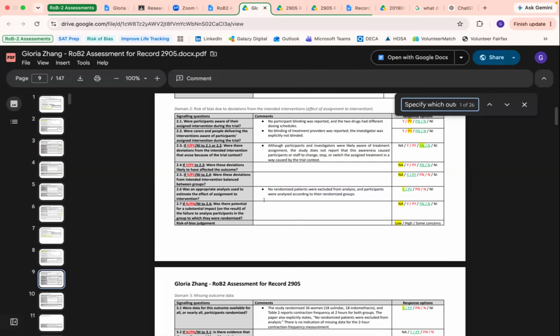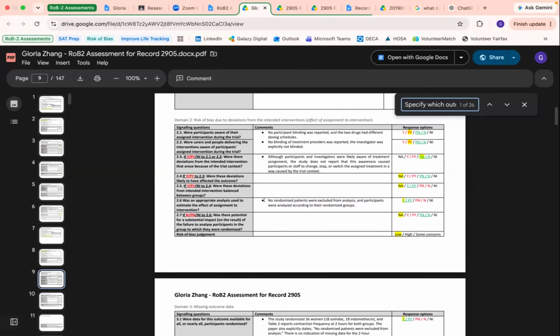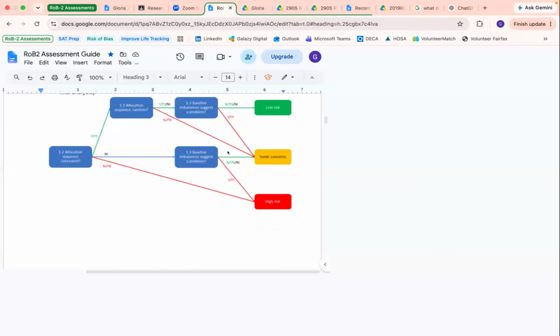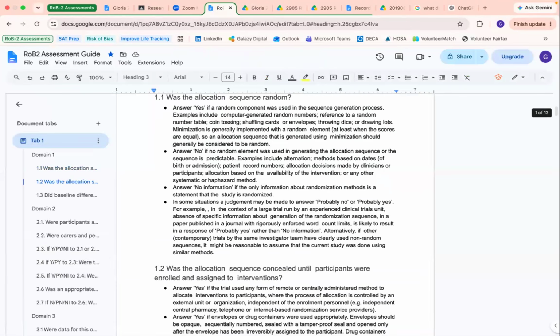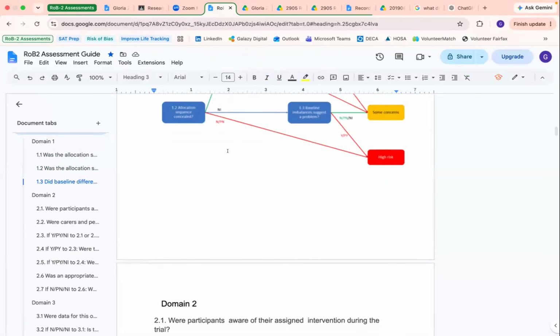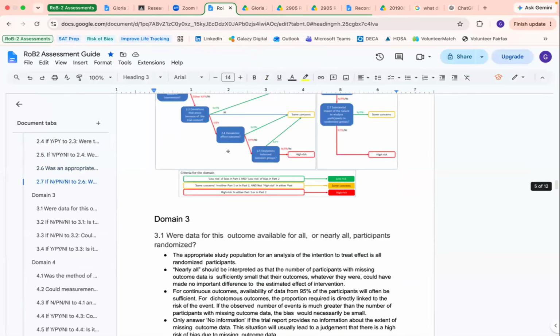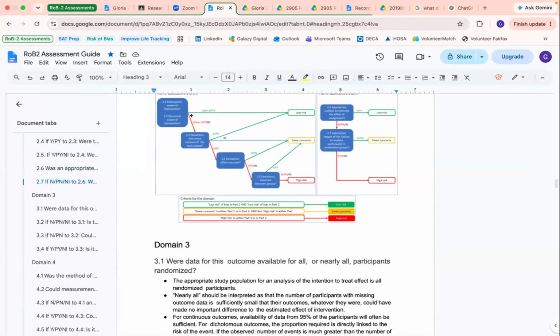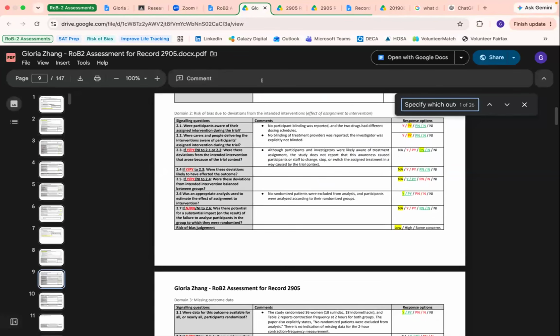Originally I put low, but I think we changed a lot of our answers for it. So, let me check. We put NI for 2.1 and 2.2, right? And 2.3. Okay, yeah. I think there'd be some concerns then for domain two. Does everyone agree? Yeah.